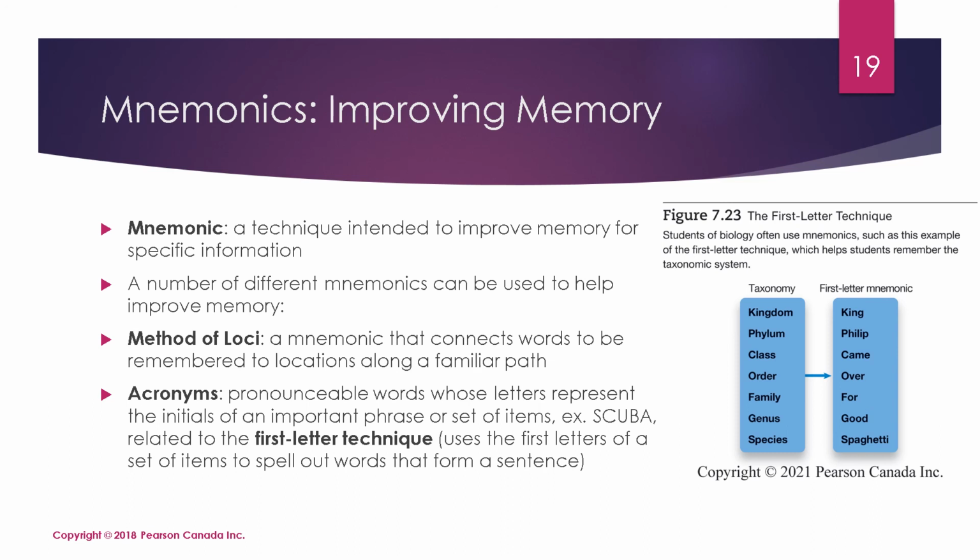So in the example here, trying to remember the different kinds of taxonomy within biology, if you look at the first initials of these words, you'd have K, P, C, O, F, G, S, which doesn't make any kind of pronounceable word. But in this case, you take that first letter and make up another sentence or phrase that contains words that start with those same first letters.